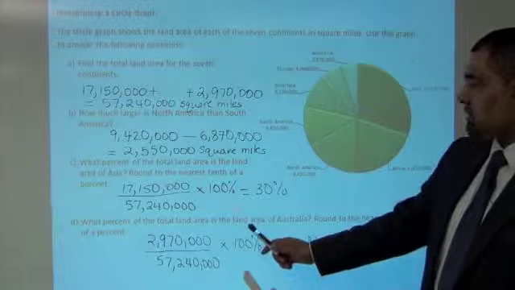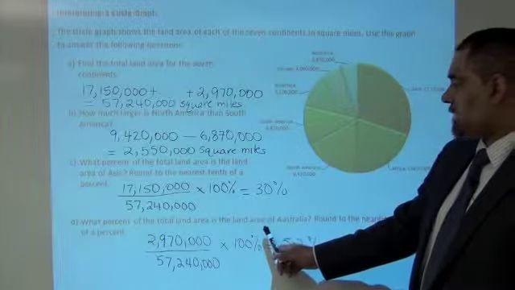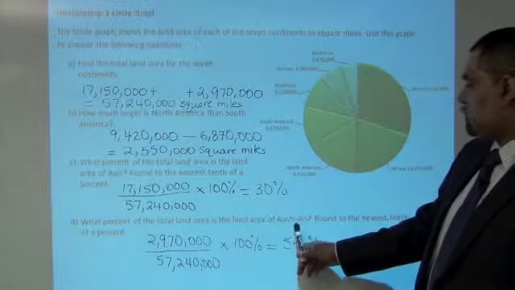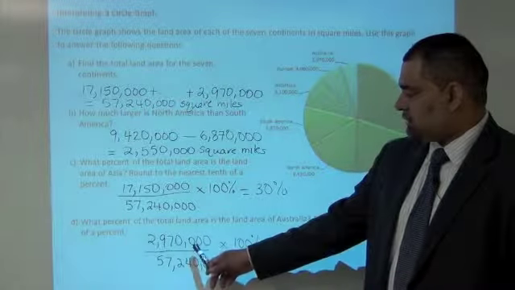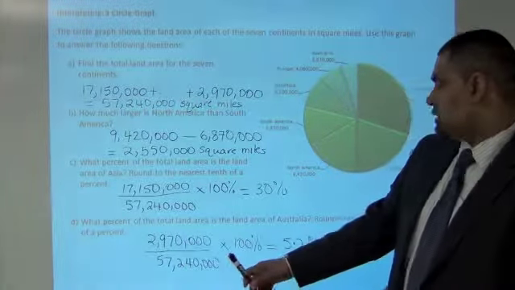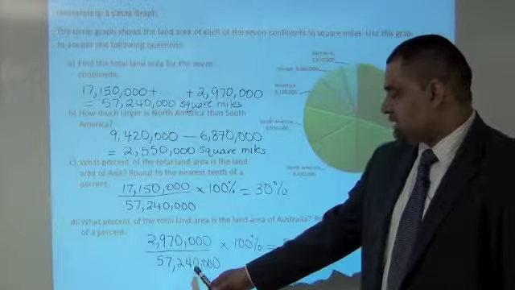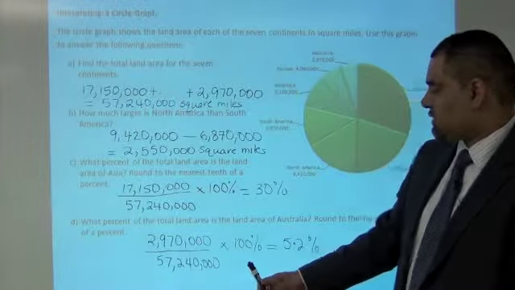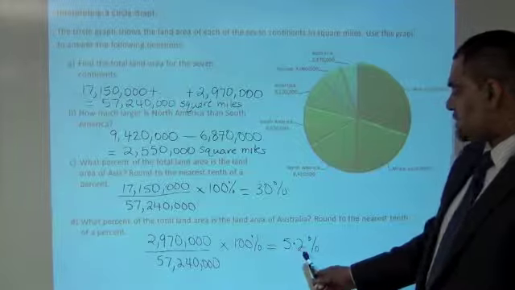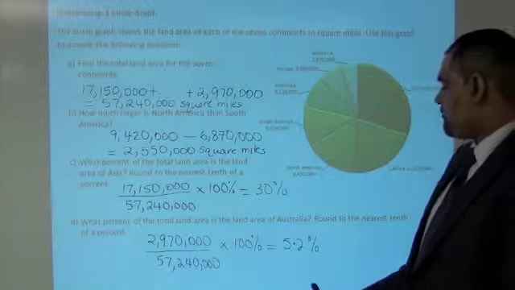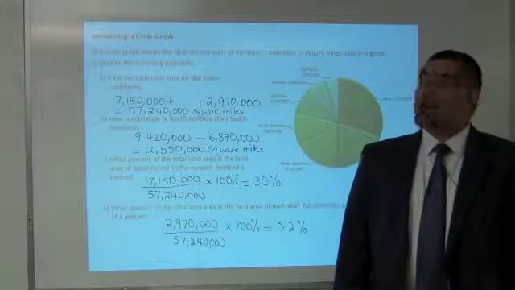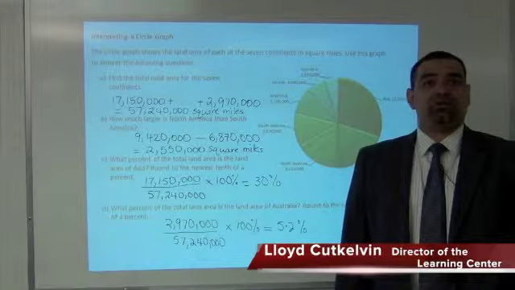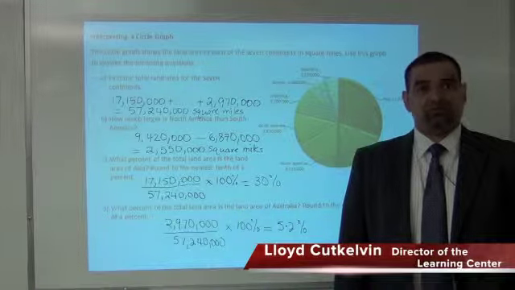And the last, what percent of the total land area is the land area of Australia, and again round to the nearest tenth. So we identify the land area for Australia divided by the total land area for all 7 continents, multiply by 100%, and that gives us 5.2%.